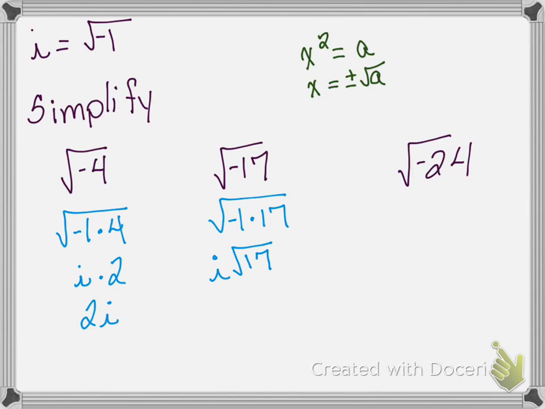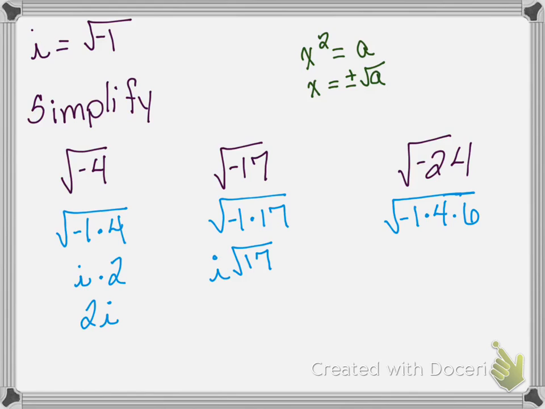Now, for this negative 24, I've got to break it up a little bit more. I've got negative 1 times 4 times 6. Why did I break 24 up into 4 times 6? Because 4 is perfect.